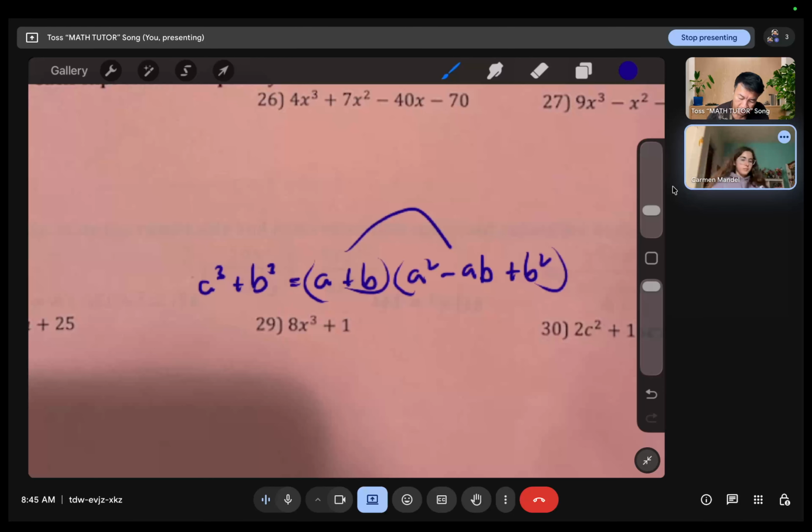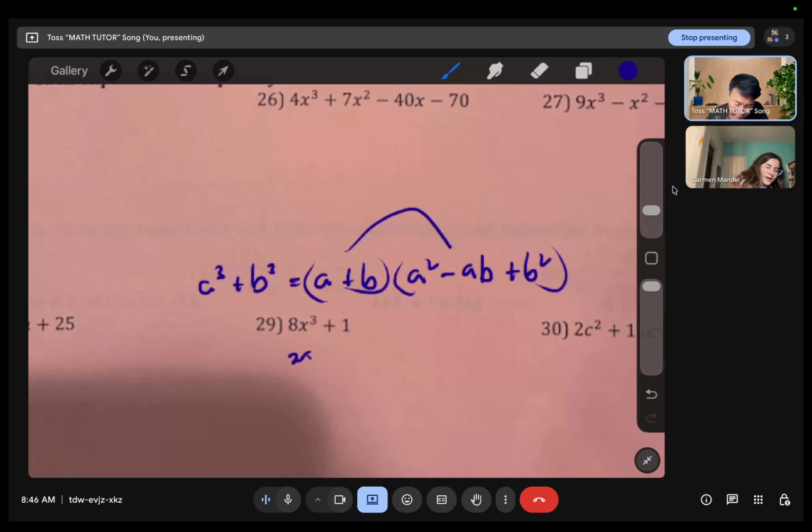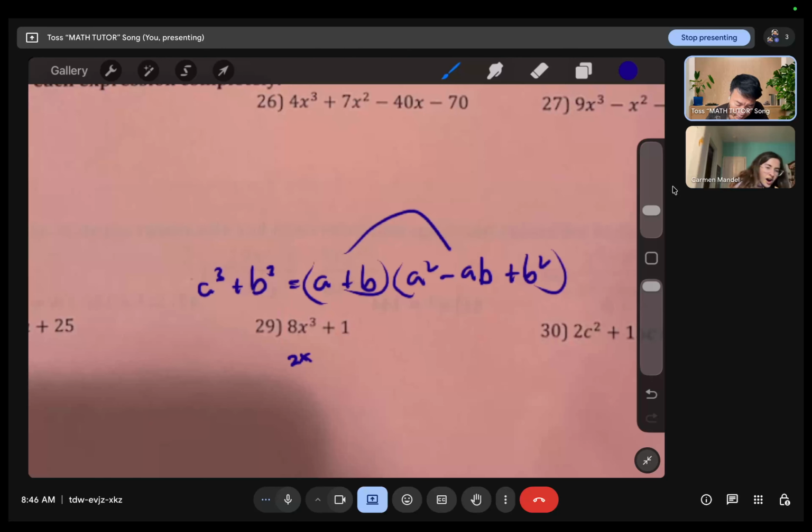So you need to use it, but you cannot use this directly. You have to rewrite it in the form of a to the third plus b to the third. To write it, it'll be 2x to the third plus 1 to the third. Now you have your a and b. Your a is 2x. Your b is 1.